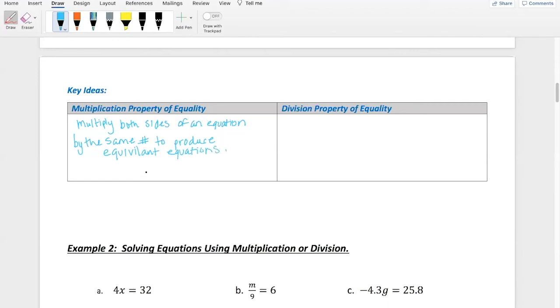So using those variables, like if I had an equation that said A equals B, this property says if I multiplied both sides by C, it would be okay to say that A times C is still equal to B times C, as long as they're both multiplied by the same amount. They would stay equal.